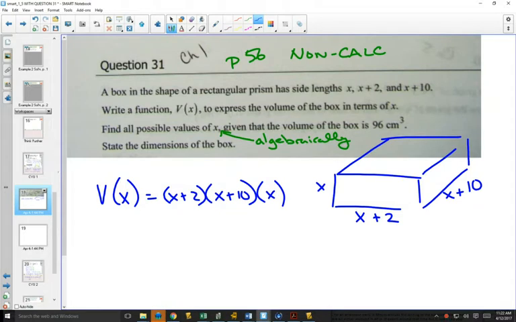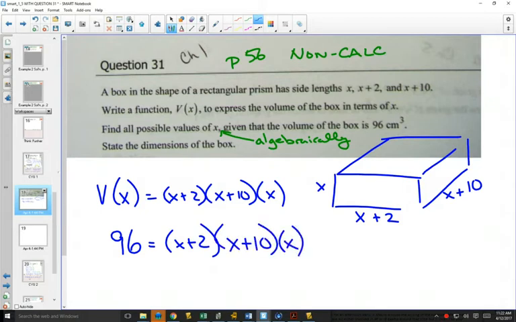And now they want to find all possible values of x given that the volume is 96. So this is where a lot of people lost their marks, because they found out that the answer was 2 just by guessing and checking. I mean, it was non-calculator, so they're not going to give you an answer that's 1.38 on a non-calculator part.